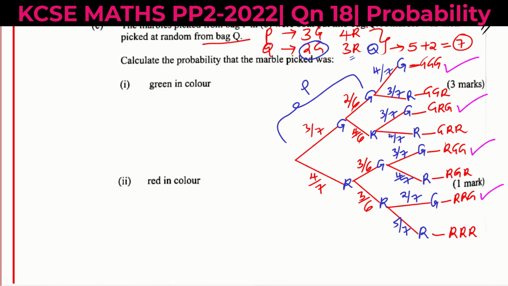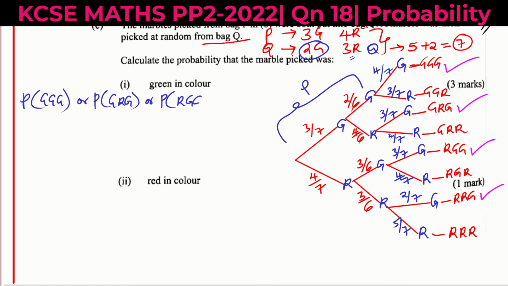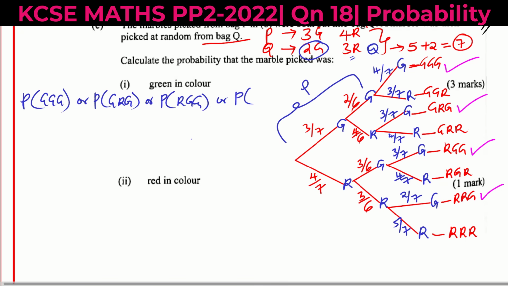So now you need to calculate. So this will be the probability of green, green, green, or the probability of green, red, green, or the probability of red, green, green, or the probability of red, red, green.